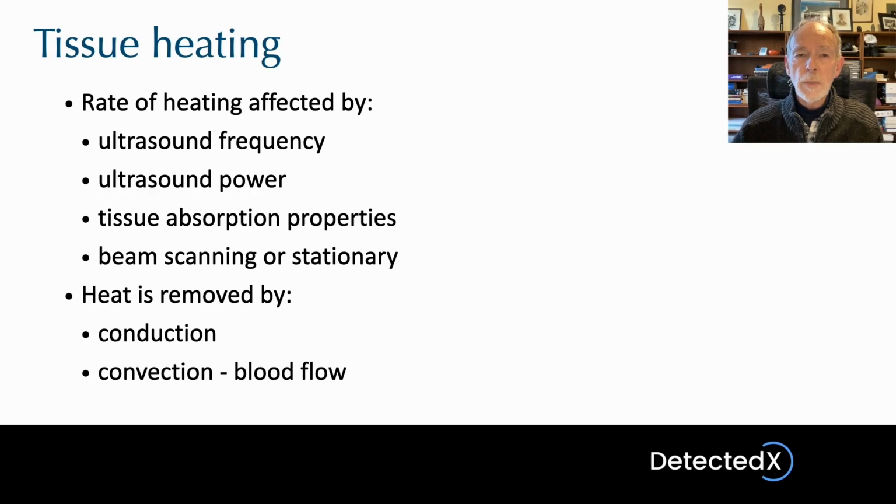So far, we've talked about the heating of the tissues, but there are also mechanisms that carry that heat away from the tissues. If you think about a saucepan on the stove, and that's being heated by a burner underneath it, then heat is being applied just to the bottom of the saucepan. But the entire saucepan becomes hot because the heat is conducted.